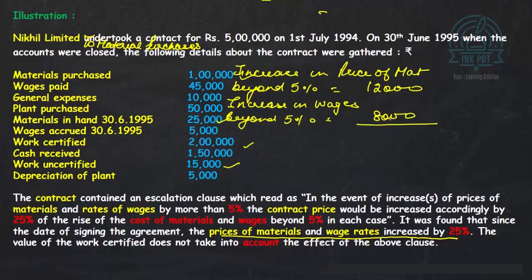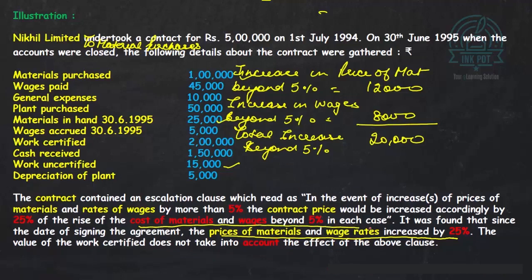So total increase beyond 5% is 20,000. So we have calculated the rise of the cost of material and wages beyond 5% is 20,000, and the contract price will increase by 25% of this amount.